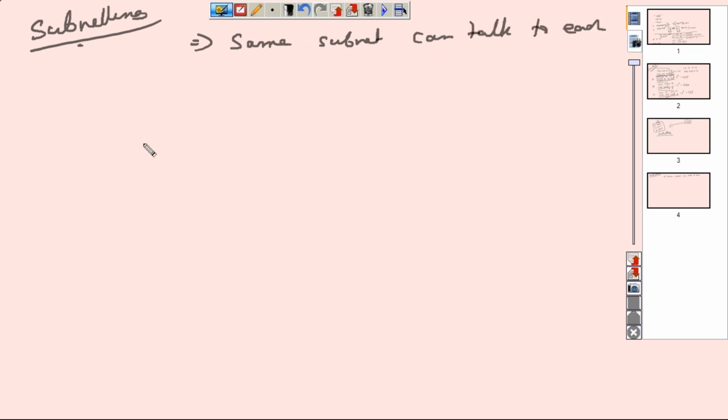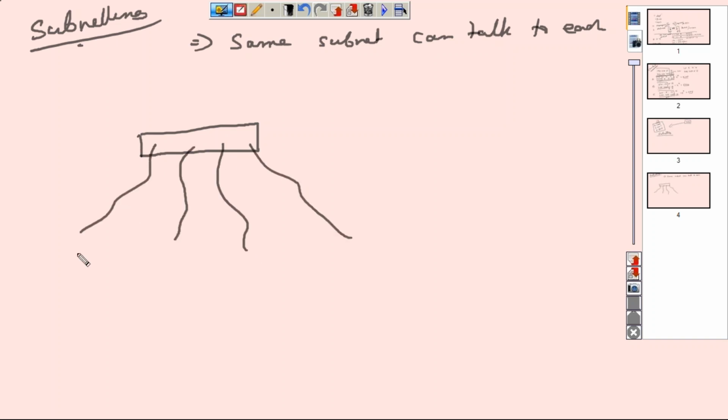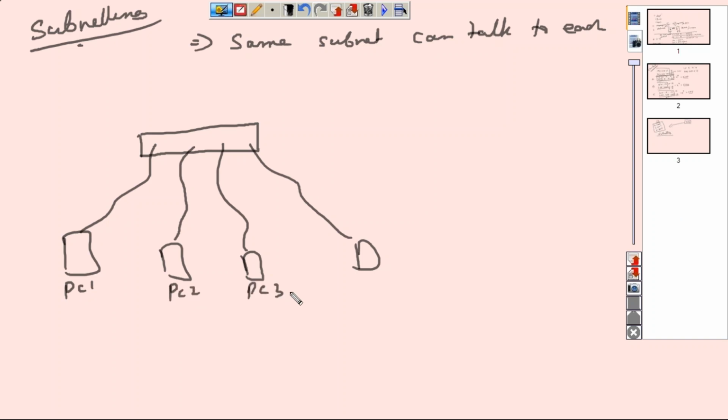For example, you all know what a switch is, right? Or a hub, some sort of a device that connects all your systems together. So you have like a few systems hanging out of this device like that. So that's your PC1, PC2, PC3, and PC4 here, right?